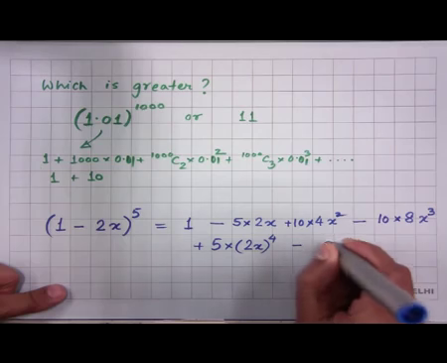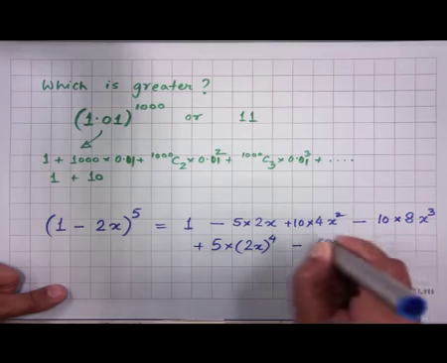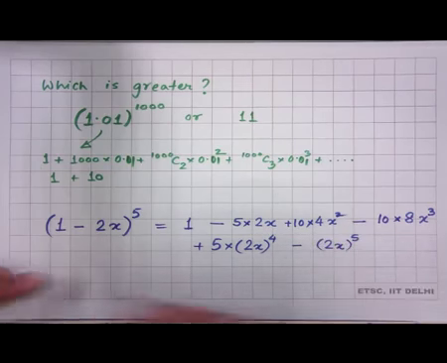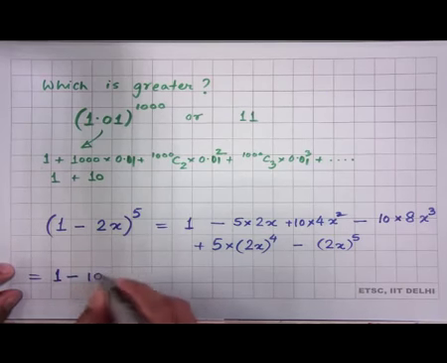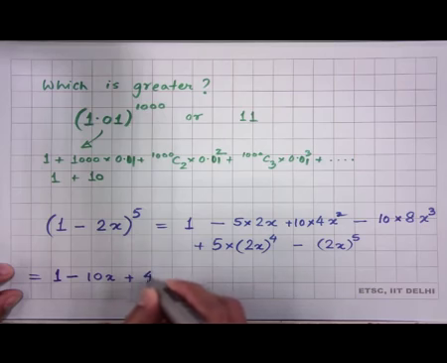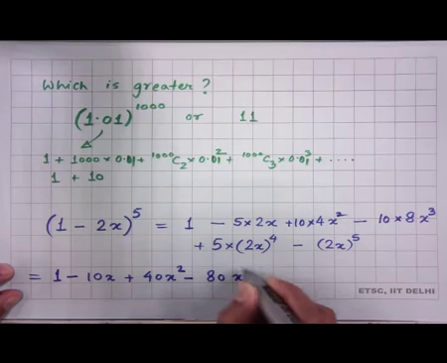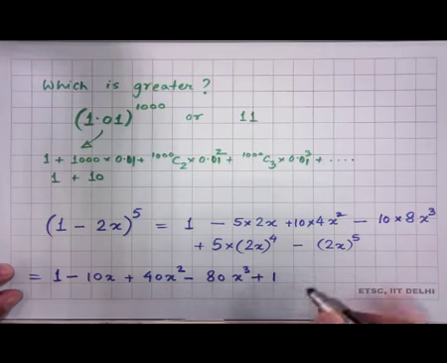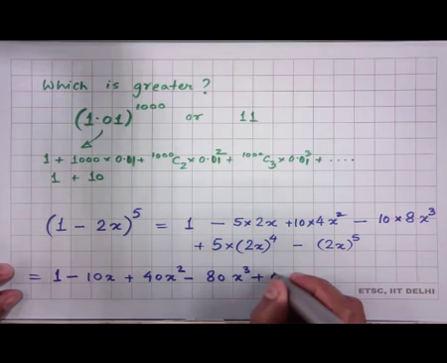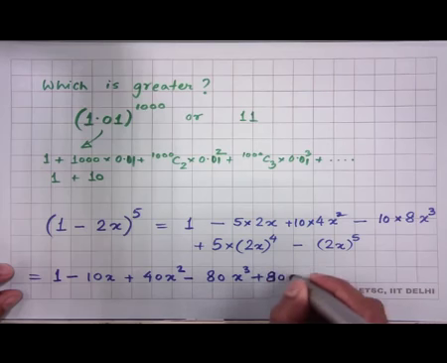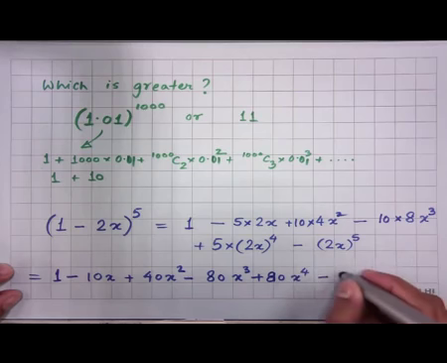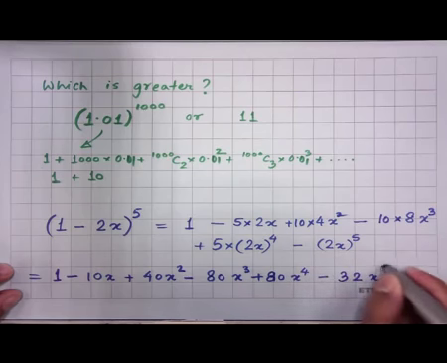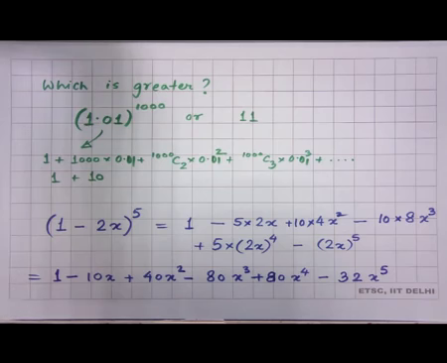So, you get minus 2x whole power 5, and then you expand this and write it out as 1 minus 10x plus 40x squared minus 80x cube plus 5 times 16 is 80x power 4 minus 32x power 5, and you are done.